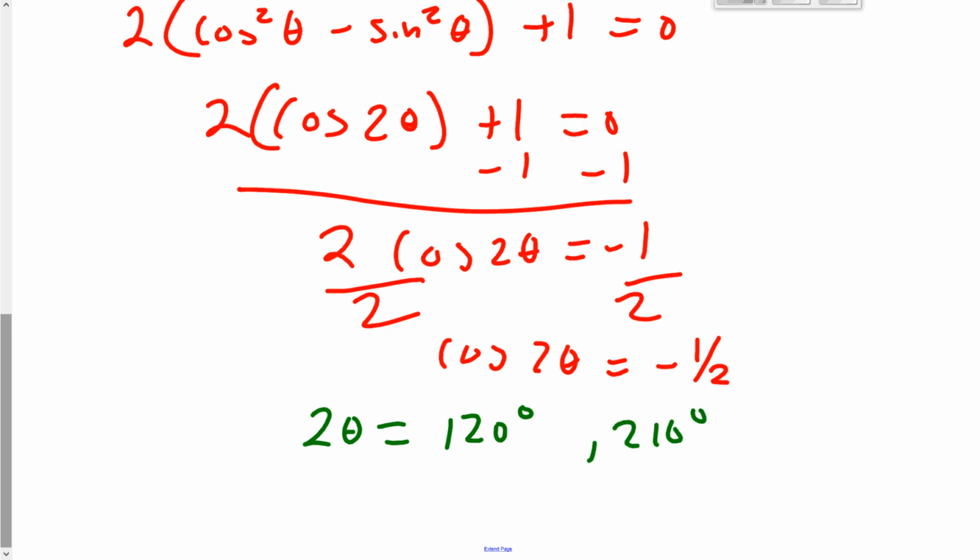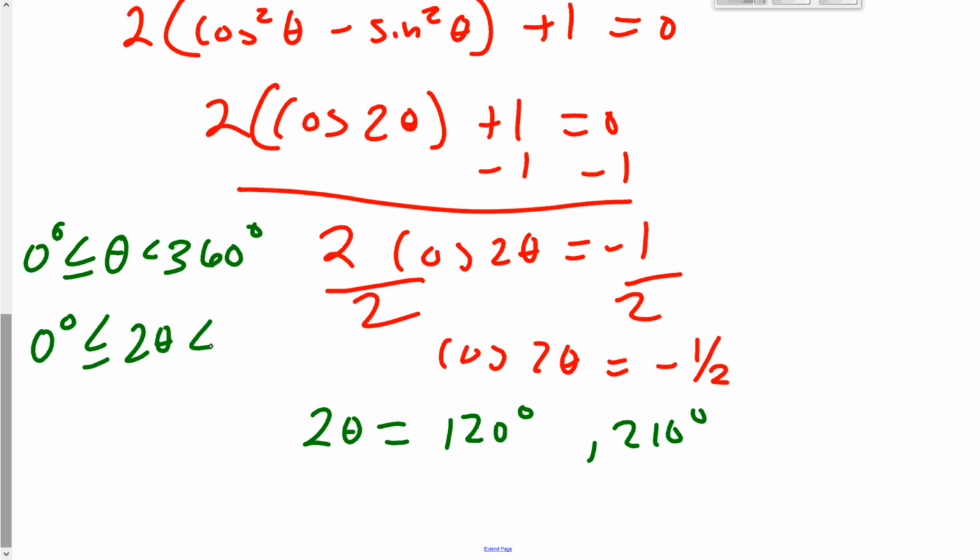But since we're going 2 theta, we're looking for answers for theta between 0 degrees and 360 degrees. But we have 2 theta, so if we times these both by 2, we get 2 theta should be between 0 and 720 degrees. So we're going to have to add 360 to both of these. So 360 plus 120 is 480.